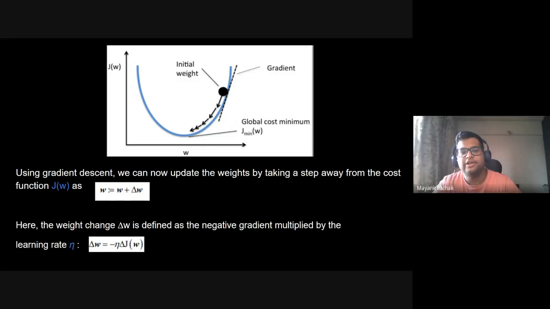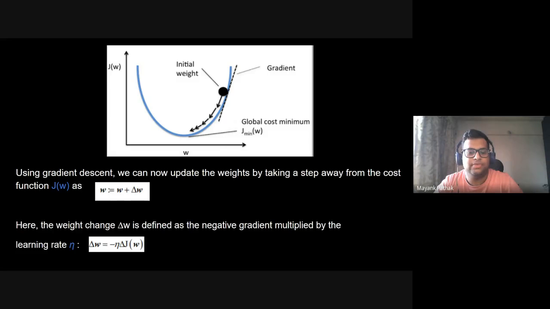As you can see, we have initialized a weight on the curve, and the global cost minimum is just below the curve, and that sweep is called the gradient. That's why it's called gradient descent. Suppose the cost function here is J of w, where w is the weights, and the weights are updated as in the usual perceptron learning rule.